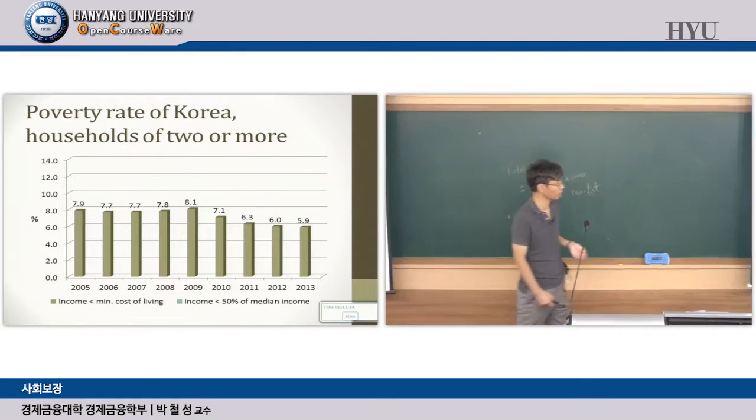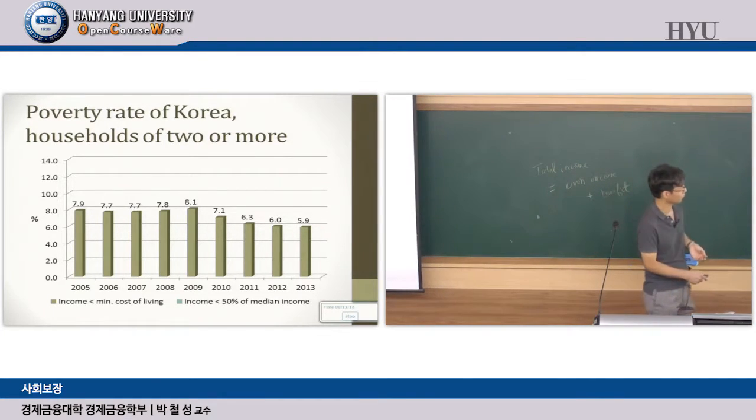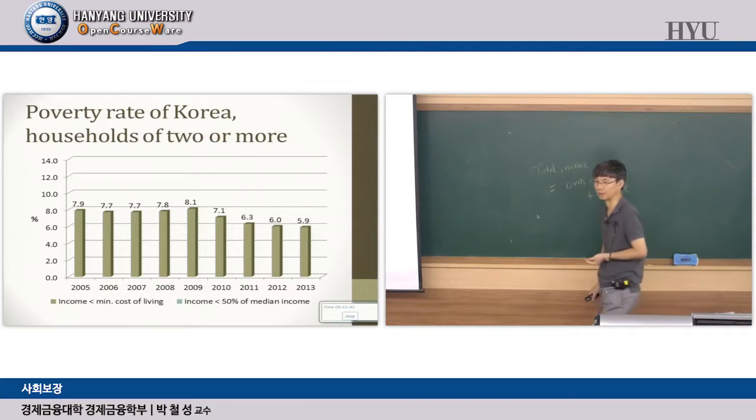Minimum cost of living means that if we consider the essential items and their prices, the household should have this amount of income to live. So this is the proportion of households whose income is below this level, and some people call it the absolute poverty rate. They are poor in the absolute sense.